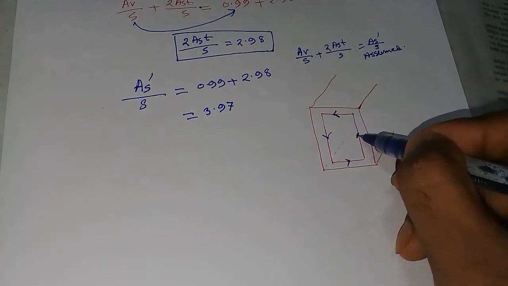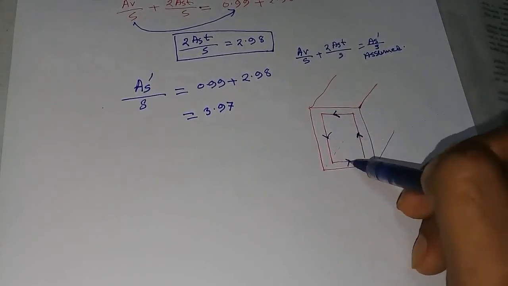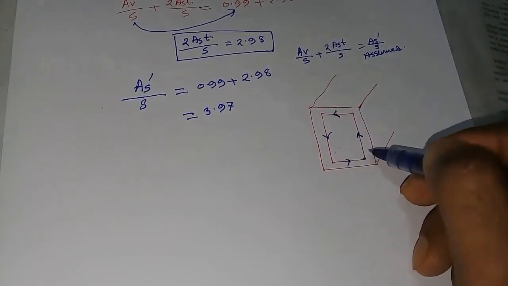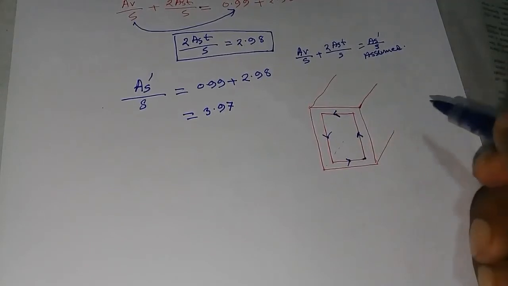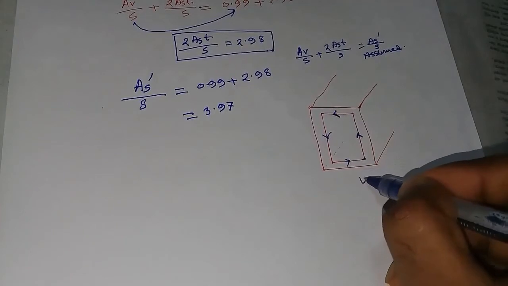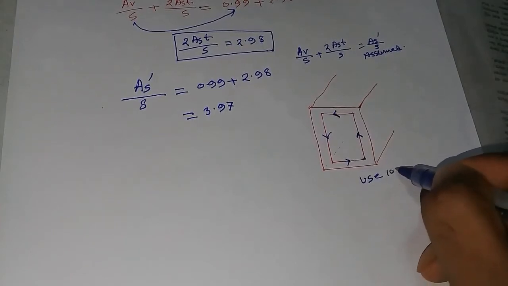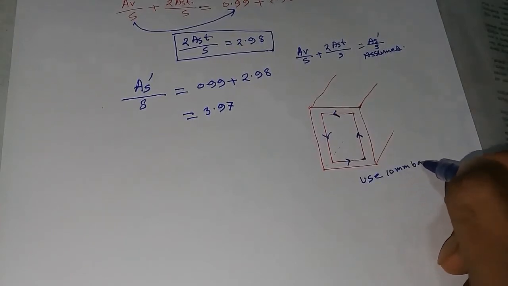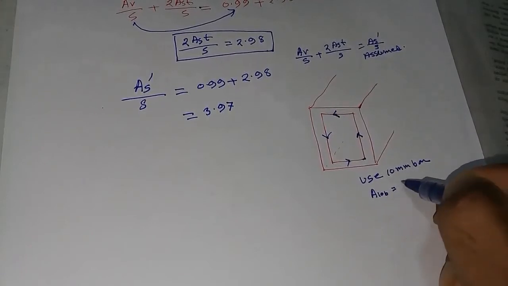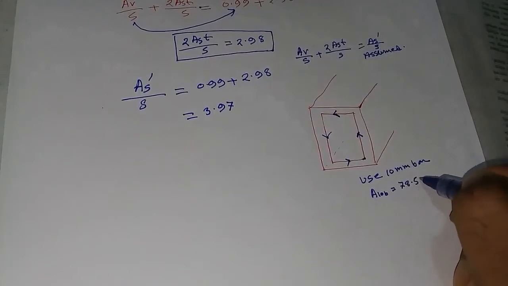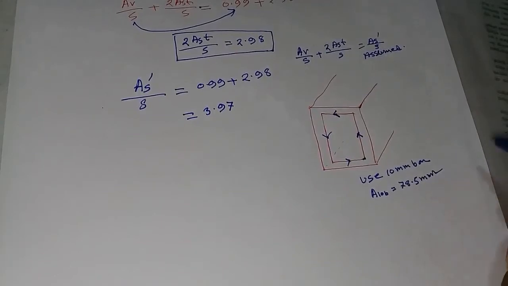That means 1 leg, 2 leg, 3 leg and 4 leg. 4 leg is effective for shear and torsion, and we use a 10 mm bar. So the area of a 10 mm bar equals 78.5 millimeter square.